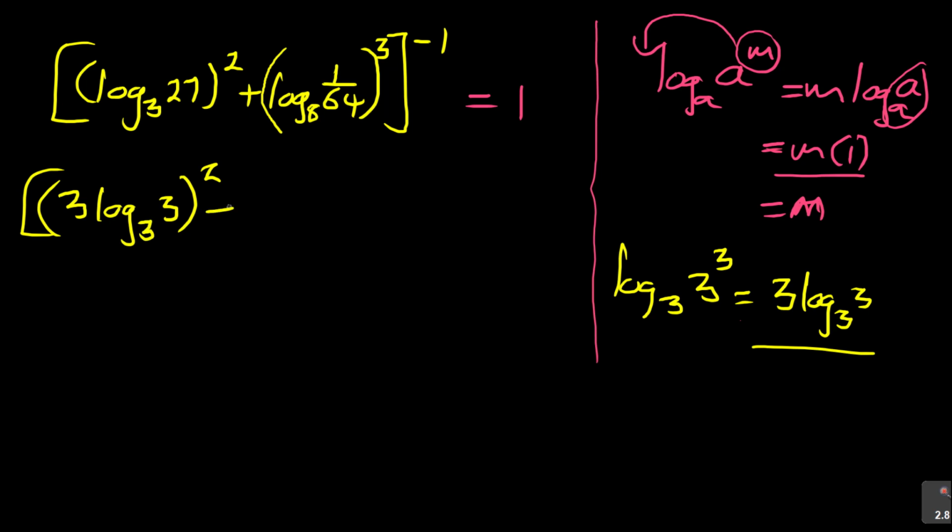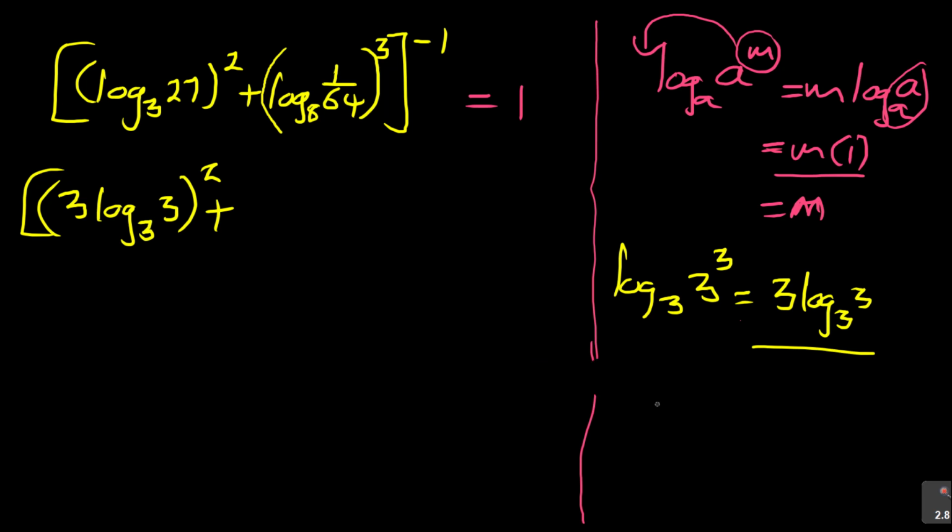Remember that, plus the same thing when I come to the part of 1 over 64. Look at this. If I give you laws of logarithms again, if I say you have got log in base a of 1 over a to the power of m. Did I write that correctly? Let me make it clear for you.